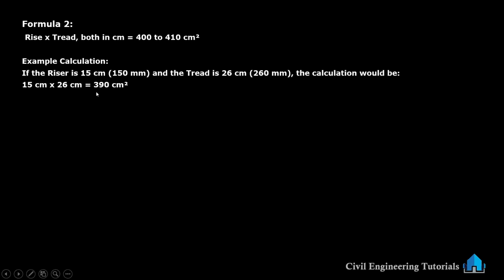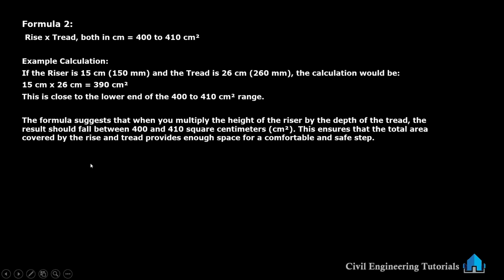So this is close to the lower end of the 400 to 410 centimeter square range. The formula suggests that when you multiply the height of the riser by the depth of the tread, the result should fall between 400 to 410 centimeter square. This ensures that the total area covered by the rise and tread provides enough space for a comfortable and safe step.